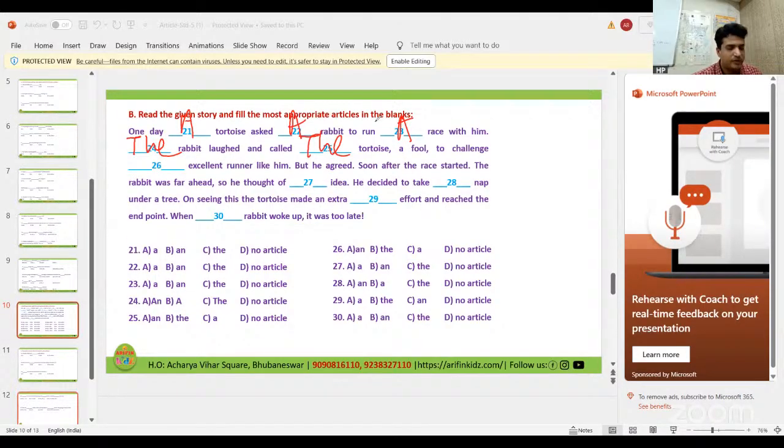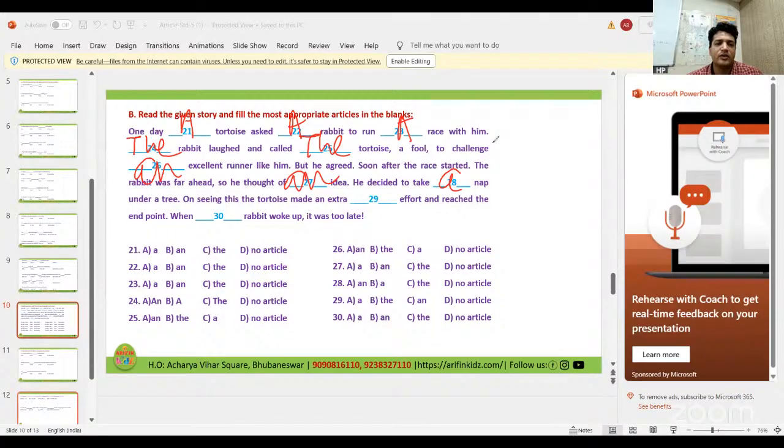Number 26, an excellent runner like him, but he agreed. Soon after the race started, the rabbit was far ahead, so he thought of an idea. He decided to take a nap under a tree.